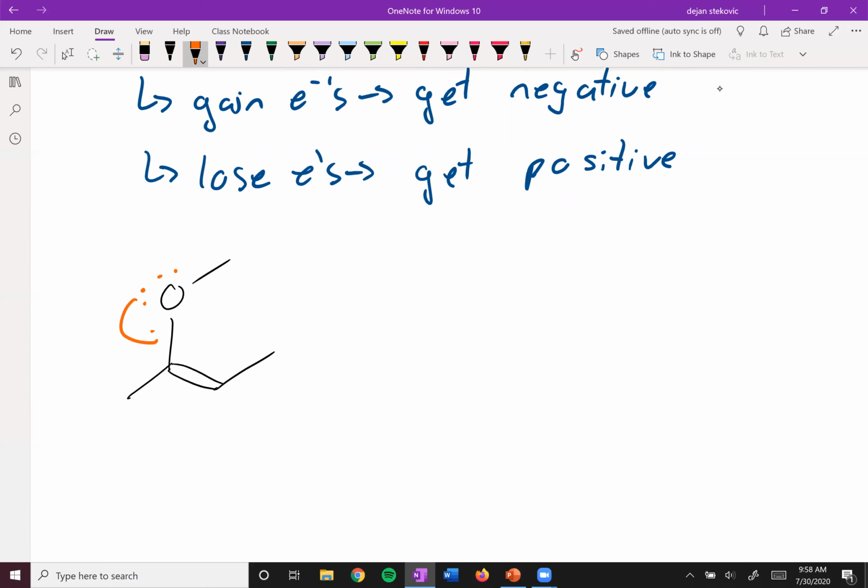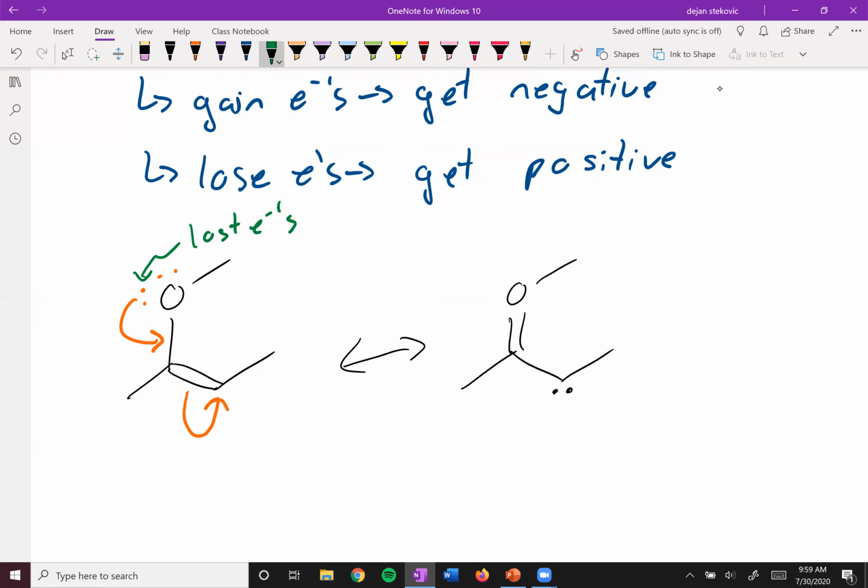We could move these lone pairs down here and then move the pi electrons onto this carbon, to get something that looks like this, right? And so this oxygen donated some electrons, so it lost electrons. So it's going to go from being neutral to now being positive.